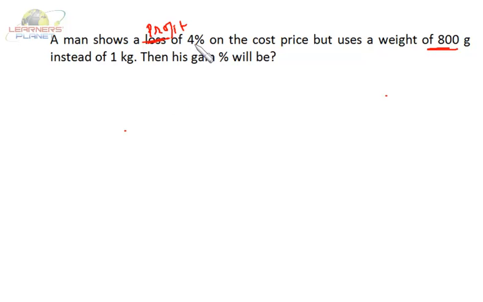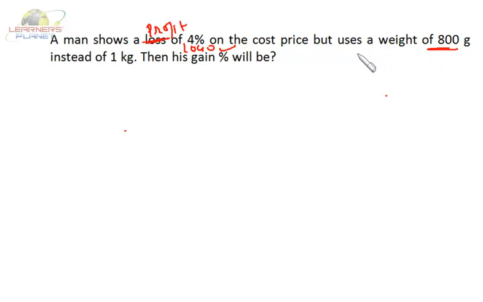So if he is telling that he is making a profit of 4%, that means on every 1000 gram he is taking 4% extra, that is 1040 gram. That means he is charging for 1040 but actually he is giving 800 grams. So what is the difference between these two? It is 240.